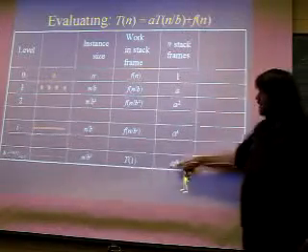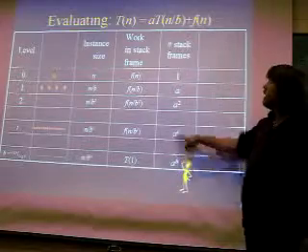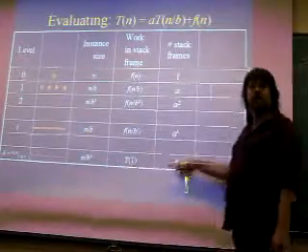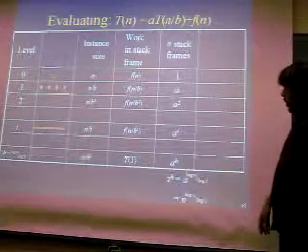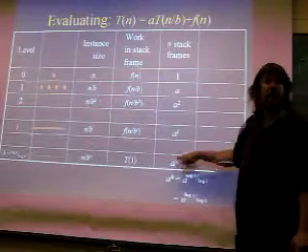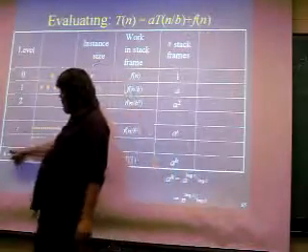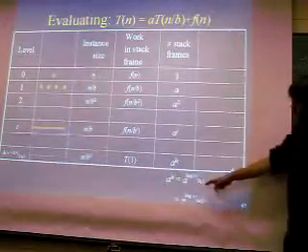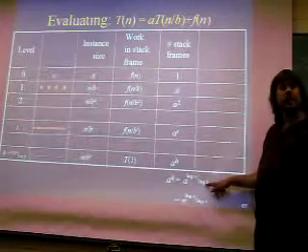What's key about this number here? It's how many base cases there are. It's a good number. How many base cases are there? Well, a to the h base cases. What's h? h is log n over log b. So how many base cases? a to the log n over log b.